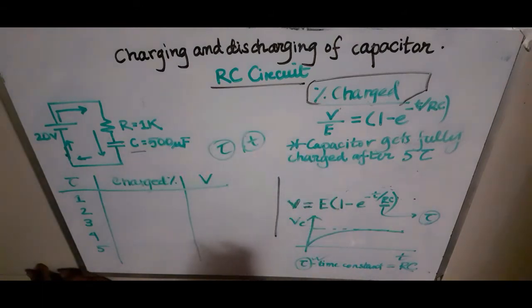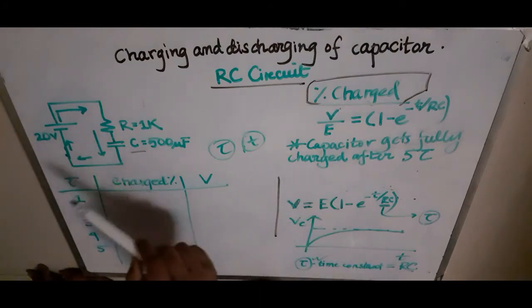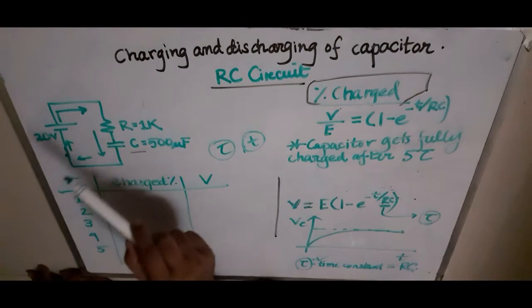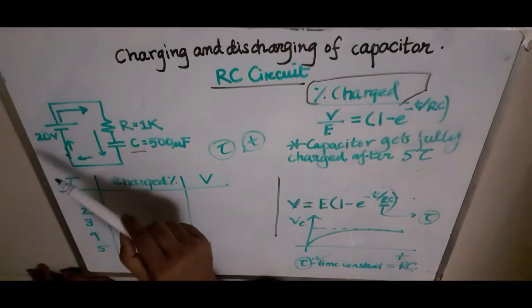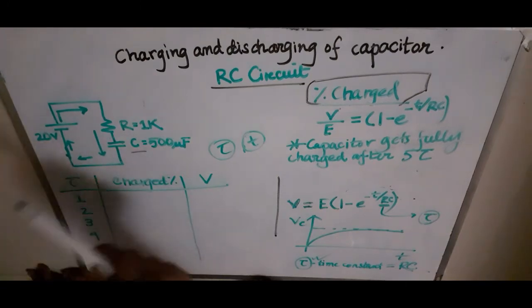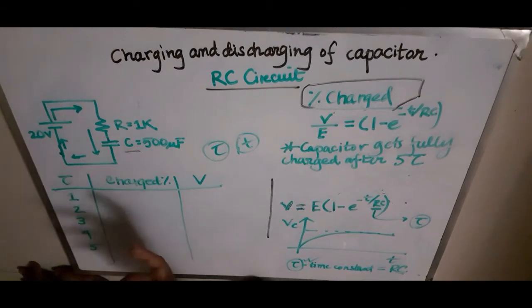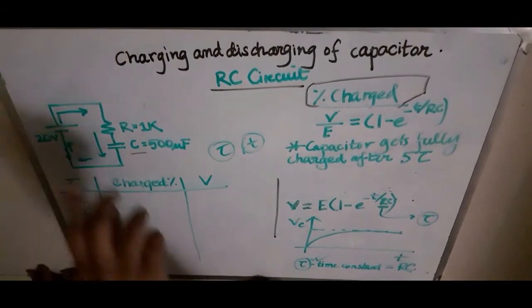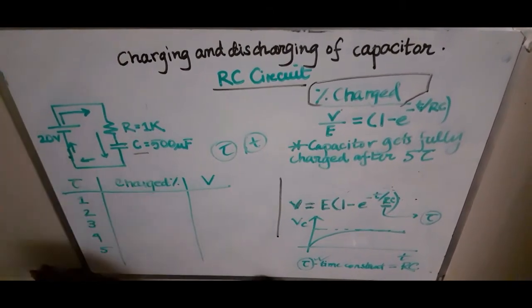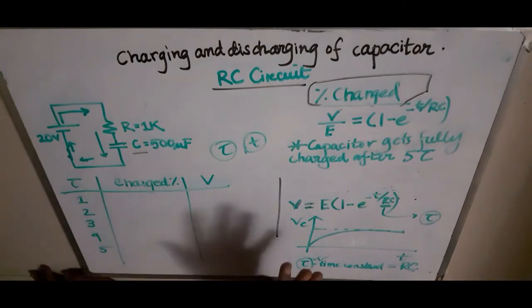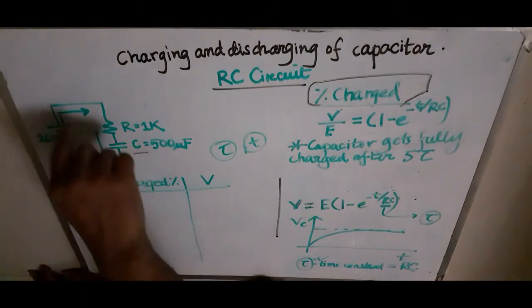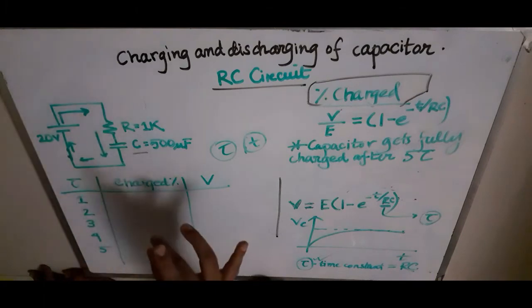Okay, and as I have told you before, when this capacitor is connected to a voltage source, the current will start flowing and the capacitor will be charged, and after some time all of this voltage will appear across this capacitor, right?